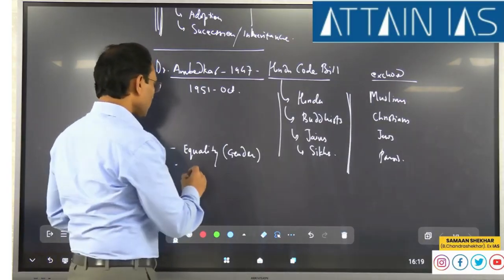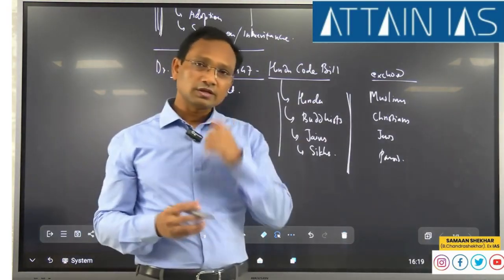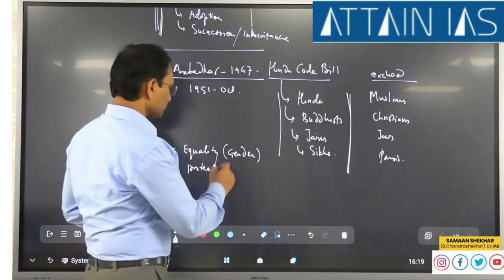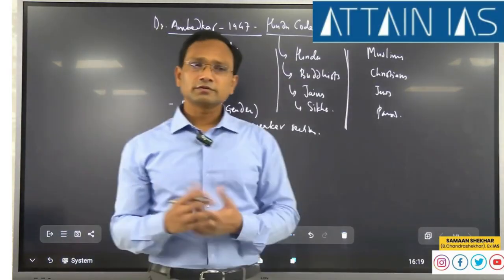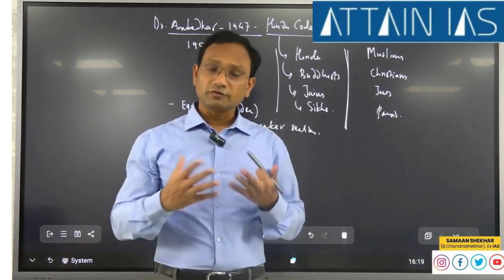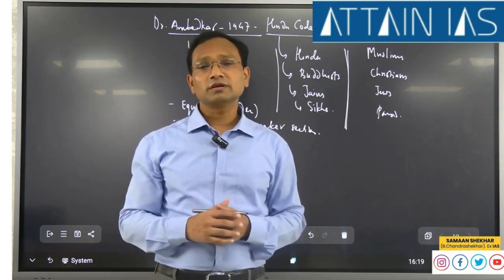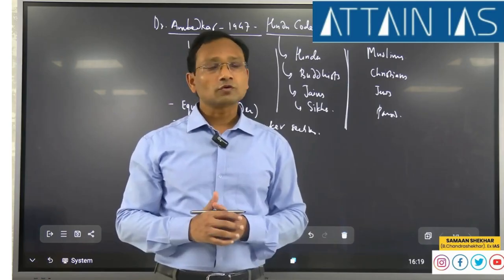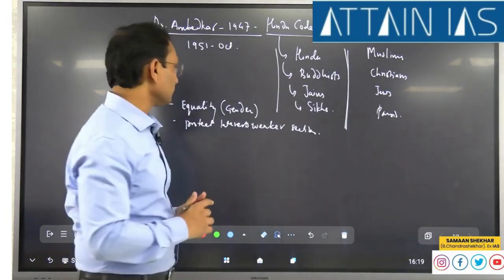It was also trying to protect the interests of women, children, and old age people with regard to these matters. It proposed to make divorce legal. It gave equal rights to women in the property of the father. It also gave equal rights to women in terms of adoption.